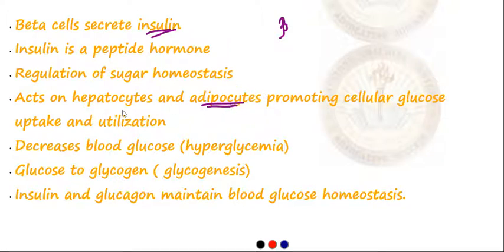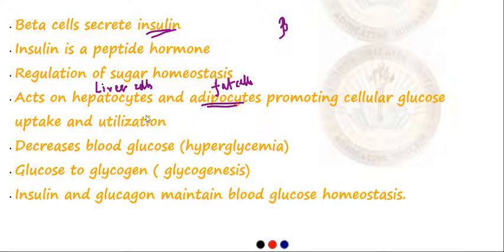So it acts on the hepatocytes and adipocytes and promotes cellular glucose uptake and utilization. As I said earlier, hepatocytes are nothing but the liver cells, and these are the fat cells. Cytes means cells. So this acts and promotes cellular glucose uptake.